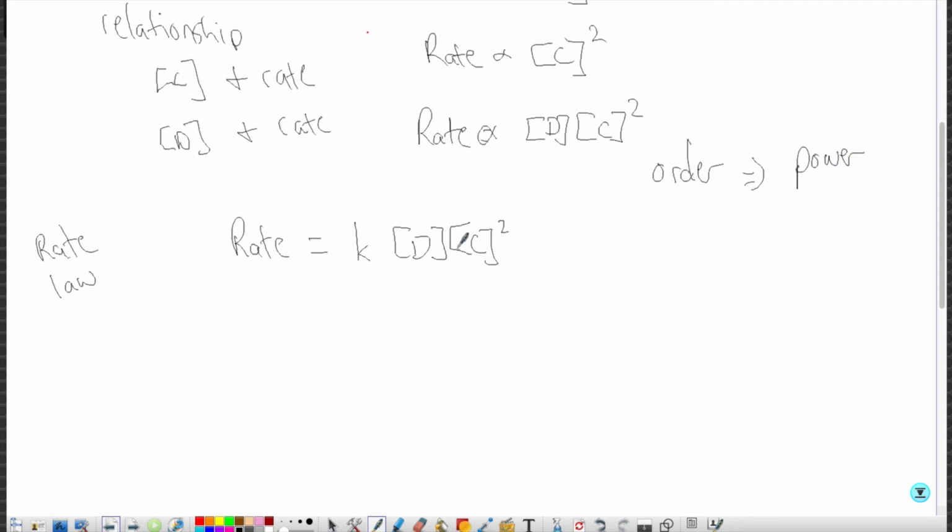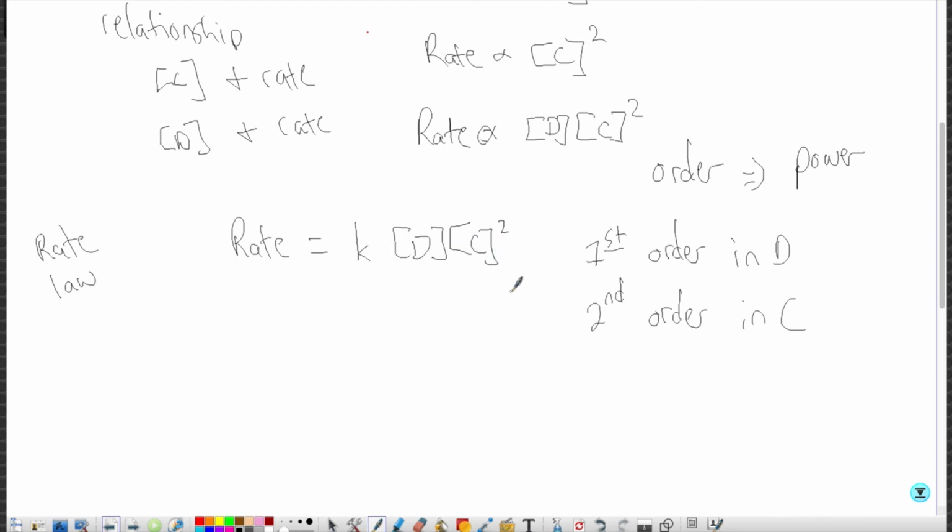So I would say that this is first order with respect to D, or in D, because the power of D is really 1. And second order in C. So that's the order with respect to each of the reactants.